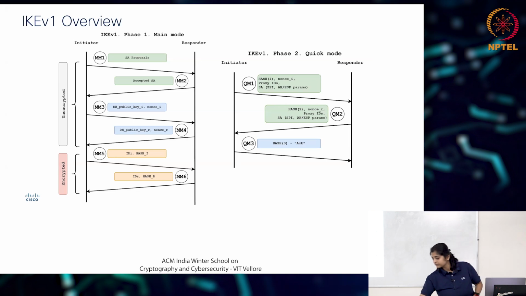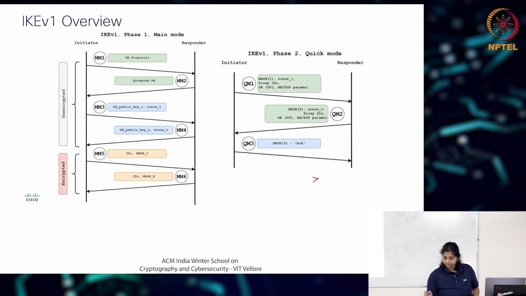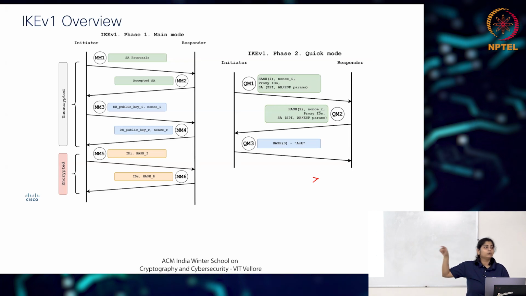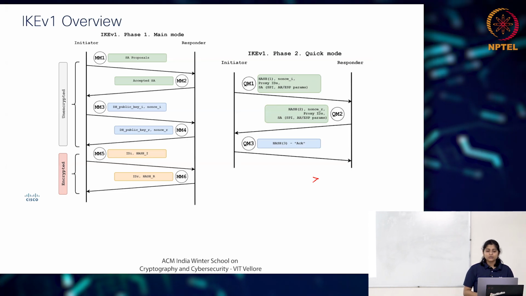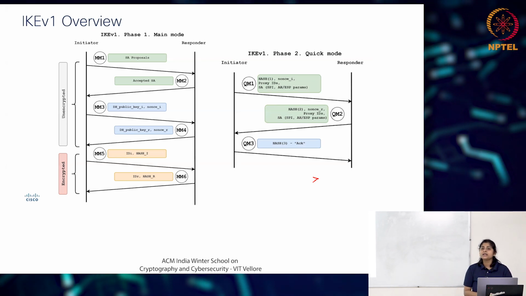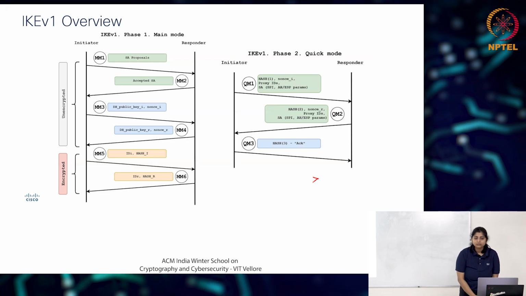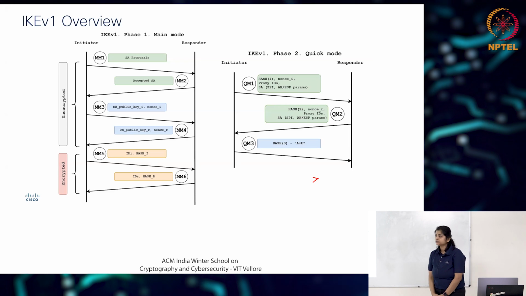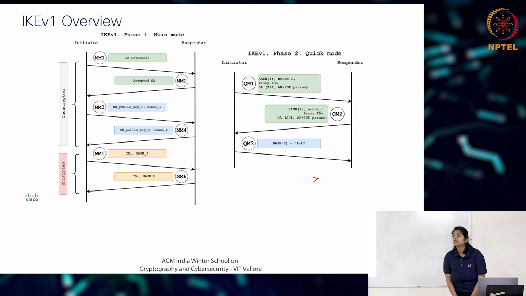These symbols in the PCAP, if you expand, you'll see the attributes in the packets. Do you see encryption algorithm, AES-CBC? Key length is 256, right? Authentication method is pre-shared key.